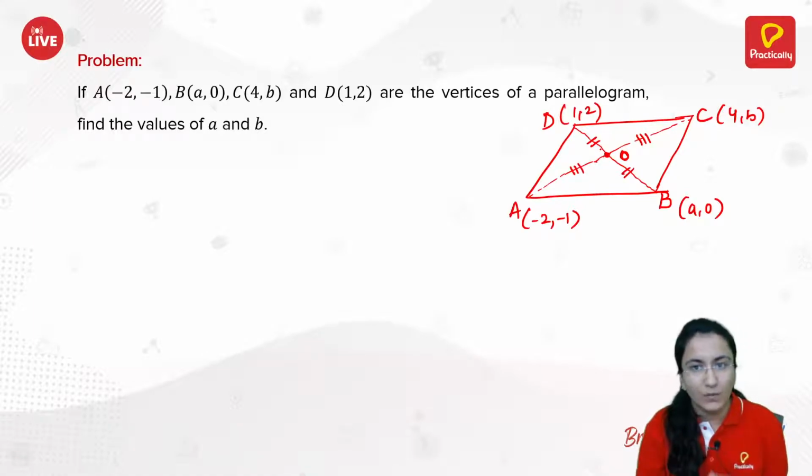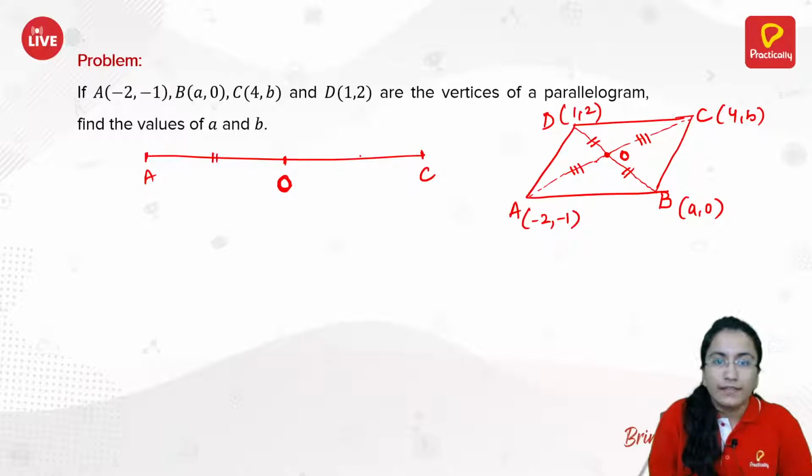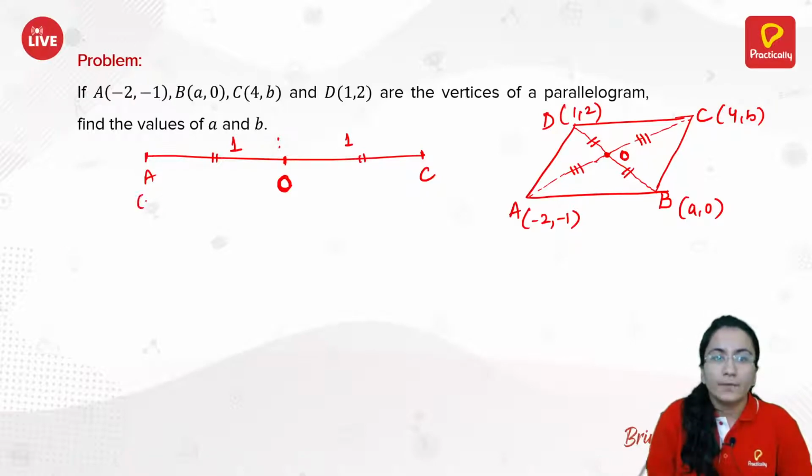Let's see how we will calculate. We have a line AC, and there's some point O in between, and these two lengths are the same. That means they are in the ratio 1:1, right? Point A is (-2, -1) and point C is (4, b).